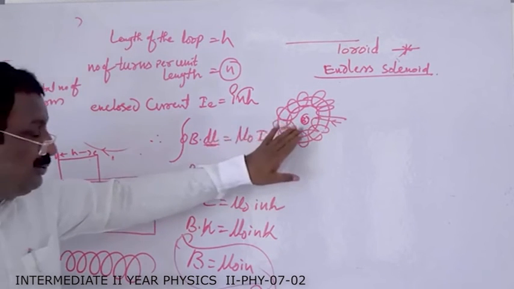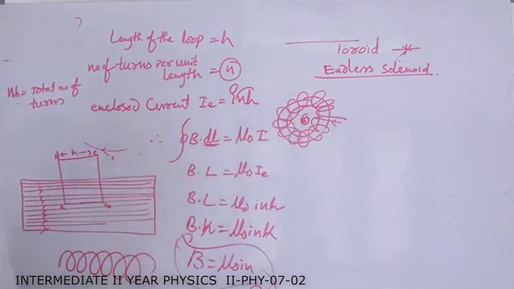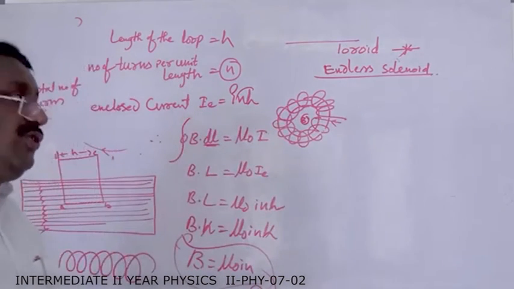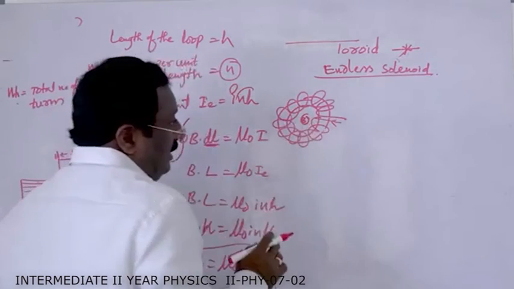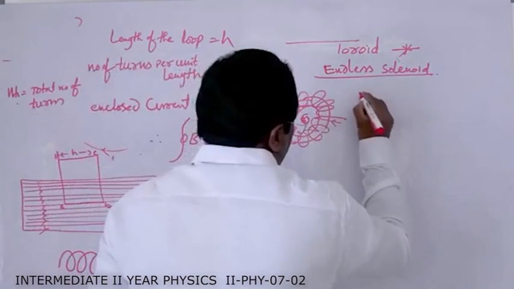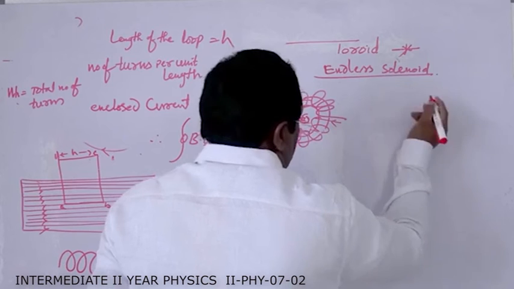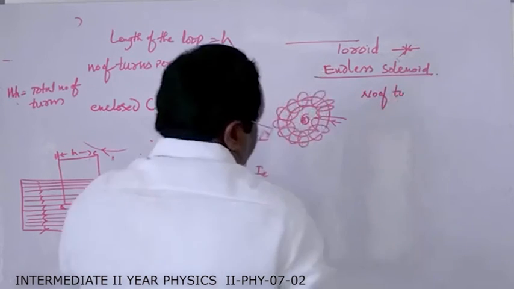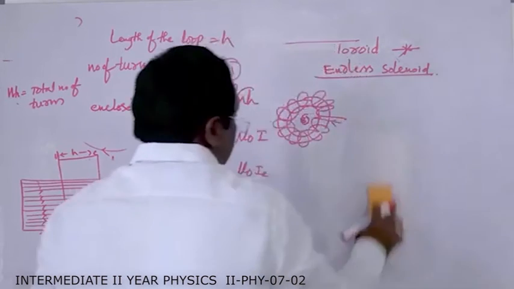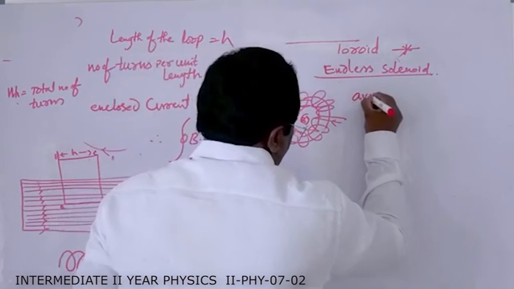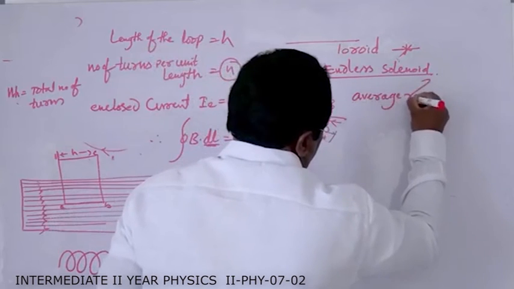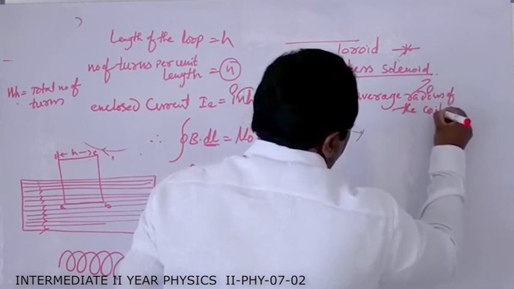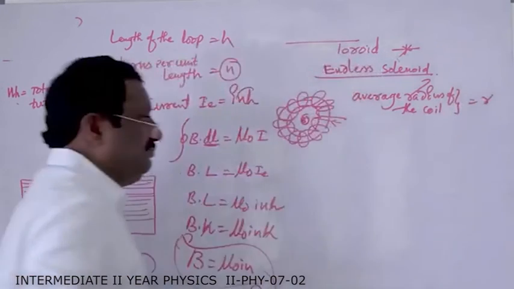The magnetic field produced in the toroid, again, we can calculate by using Ampere's law. First, to find the magnetic field, let us say the current passing through the coil is I and the number of turns is N. Take the average radius of the coil as small r.